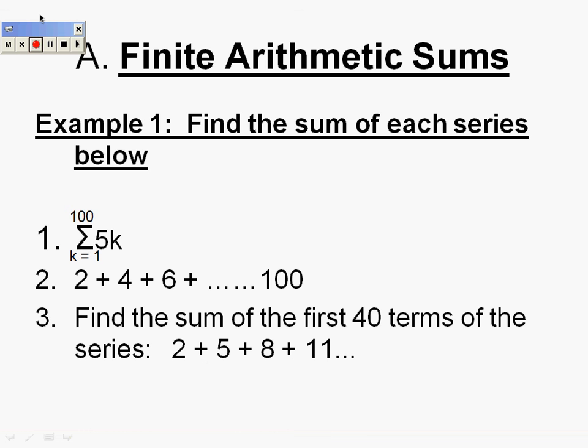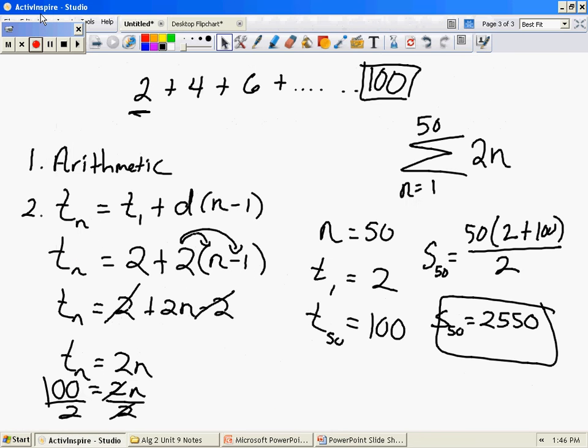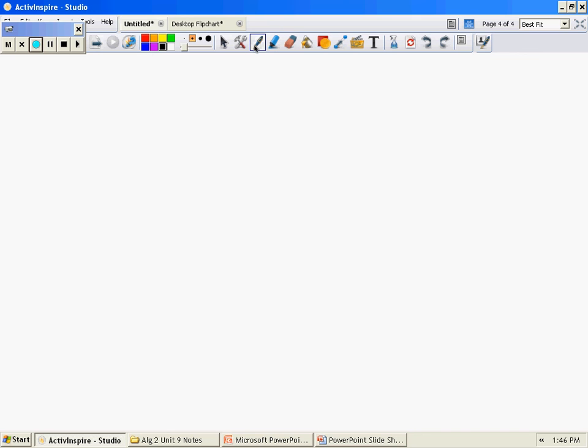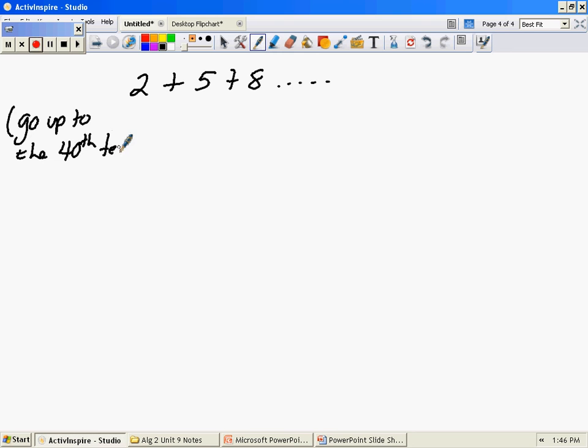So it goes up by 3s. And that was it. We'll just stop there. Yeah, we can ignore the 11. It's the same thing. And we want to go up to the 40th term.